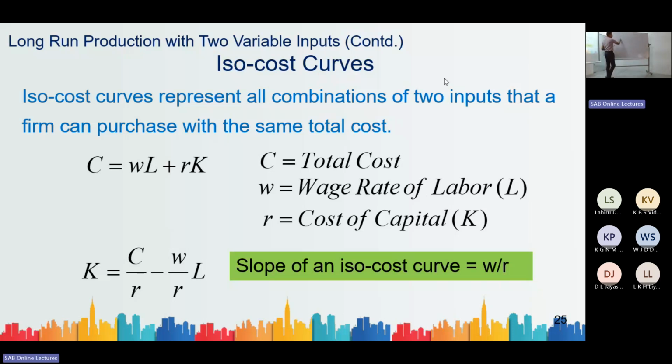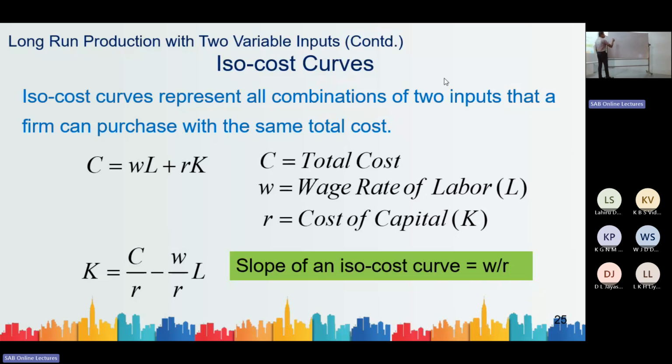So based on this, we will derive an expression for the isocost. Still we don't know the intercept or the slope, but we can find them based on this. We have C equals WL plus RK.